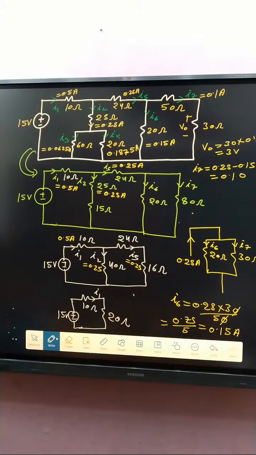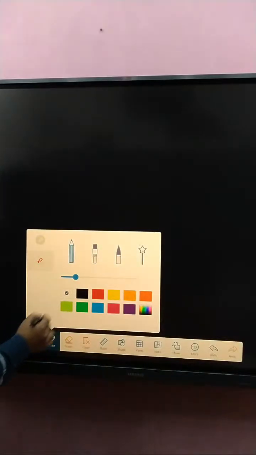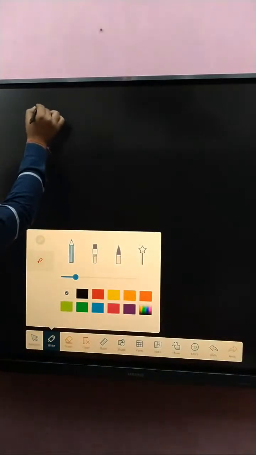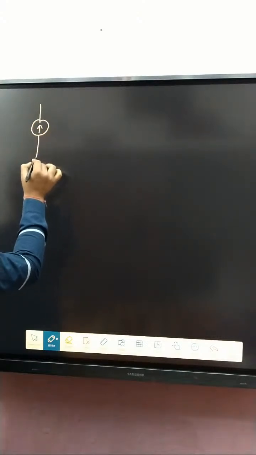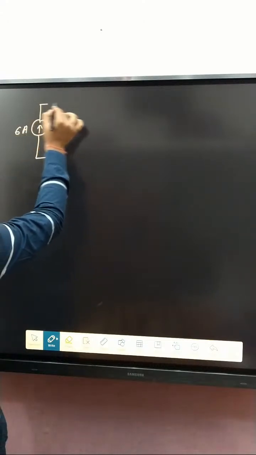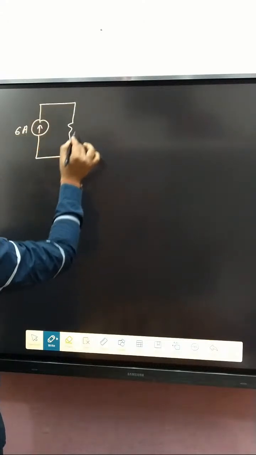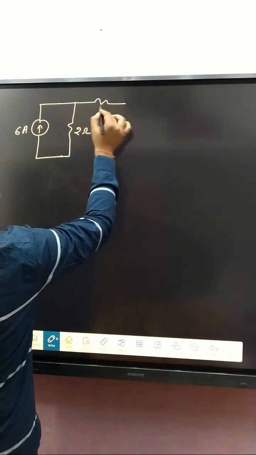Now we have taken the last problem. That current source is given, that is 6 ampere, and that one is 2 ohm, and here 1 volt, 1 ohm.